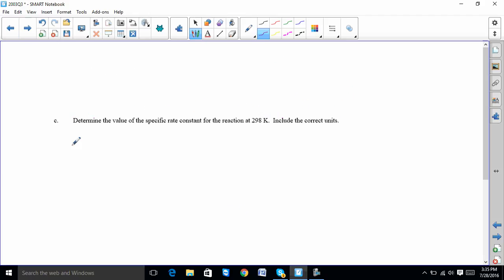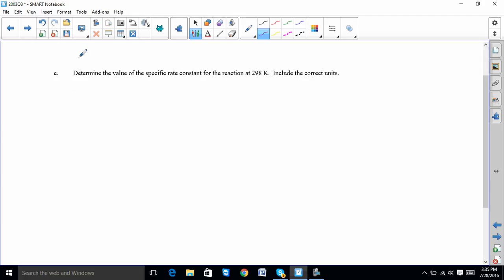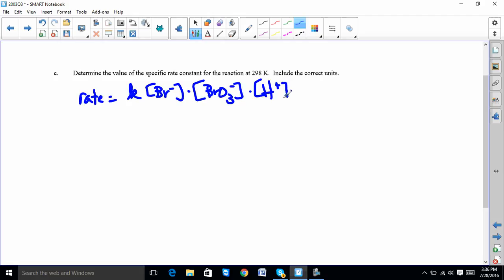Next question, determine the value of the specific rate constant for the reaction at 298, include correct units. So basically, let me go back to blue. We just figured out on the previous page that the rate was equal to K times the concentration of the bromide ion times the concentration of the bromate ion times the concentration of the hydrogen ion squared.